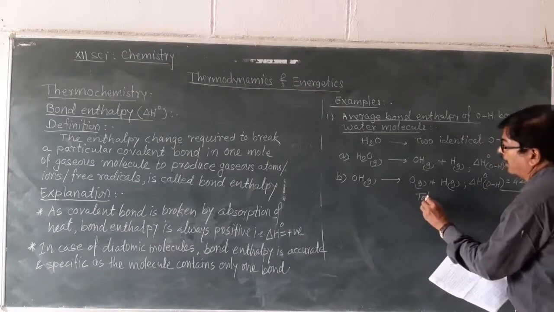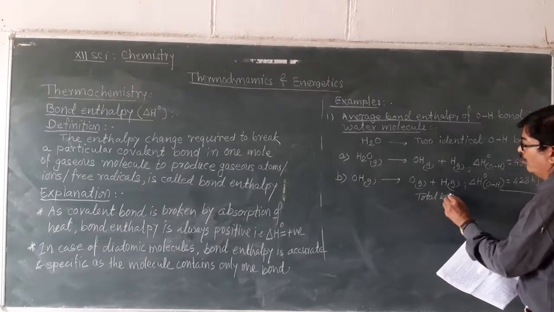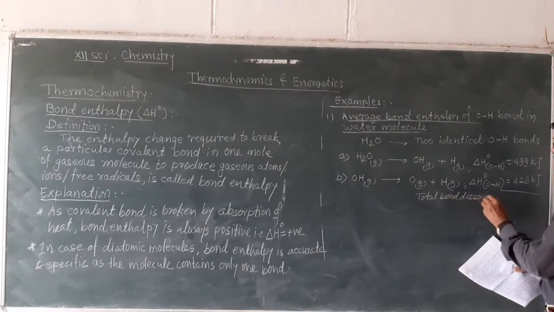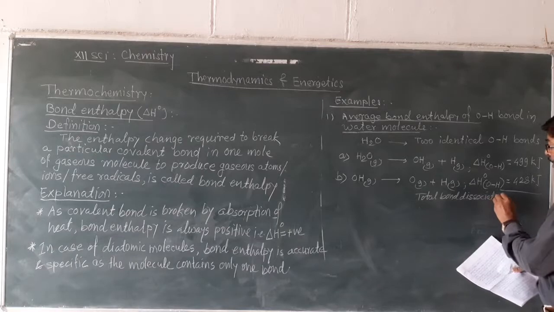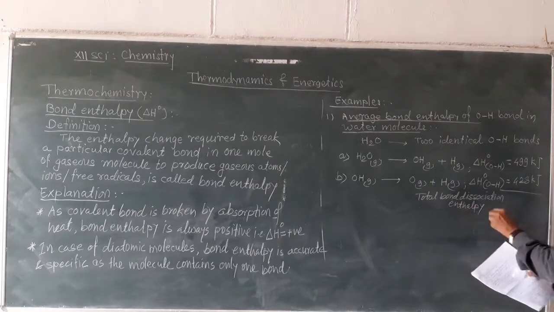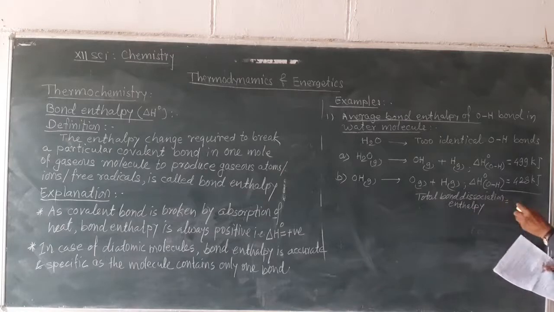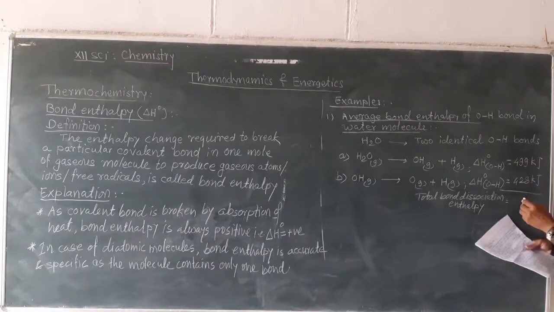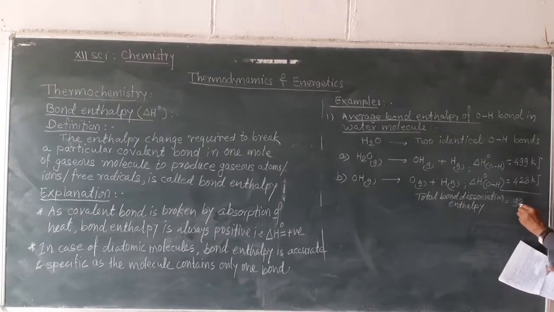Here, the total bond dissociation enthalpy is calculated by adding these two, it is plus 927 kilojoule.